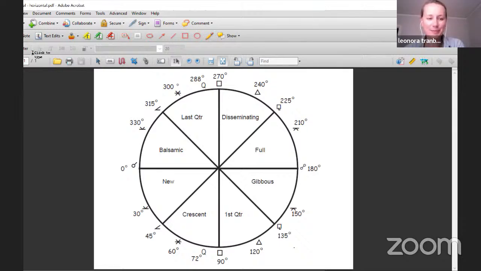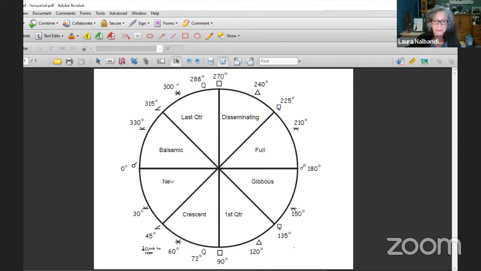Me too. Right, so this is 0 Aries, right? The 0 conjunction, 0 degrees is Aries. So this at 30 degrees is 0 Taurus. This is 15 degrees Taurus, right?